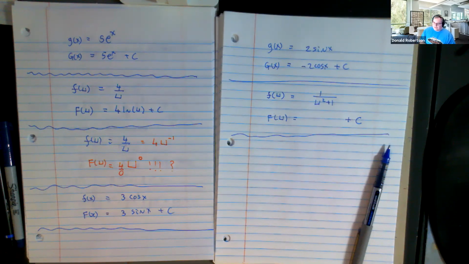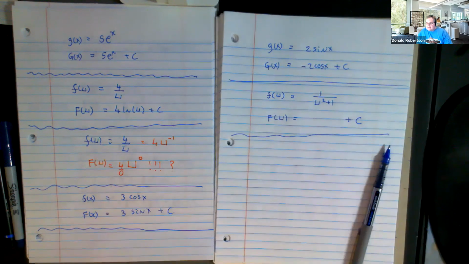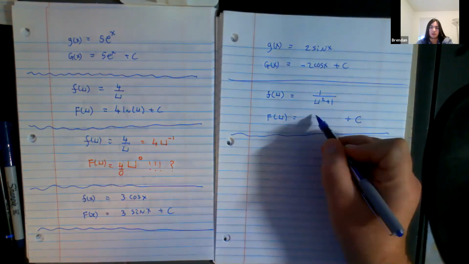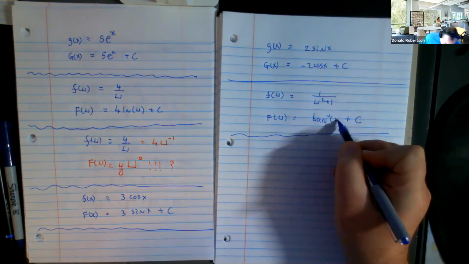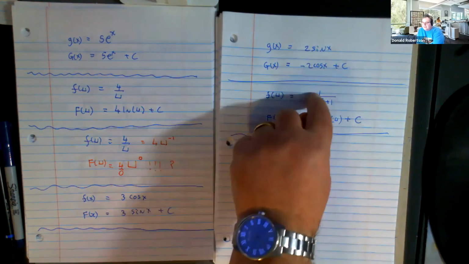Think of all the things that you have differentiated and what they were equal to. And think of one of them that when you differentiated it, this is what it was equal to. It reminds me of, is it inverse tangent? It darn is the inverse tangent. Can you remember the derivative of the inverse tangent is this fella?